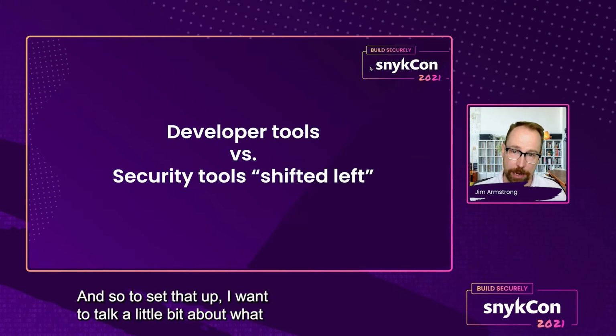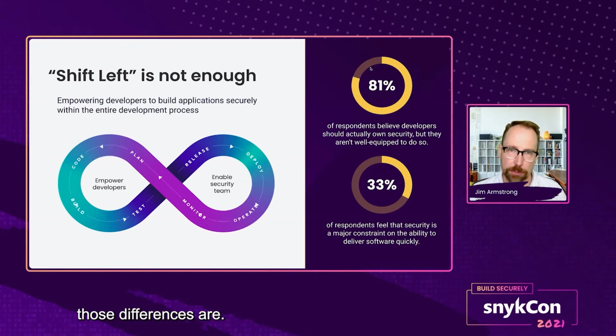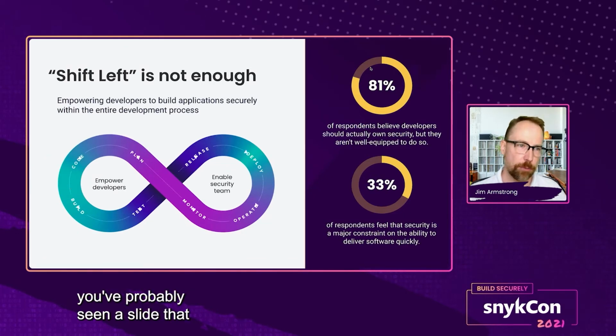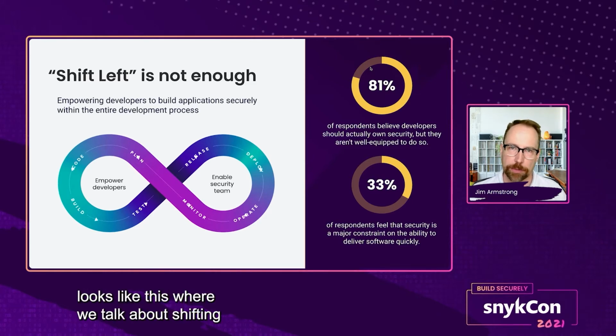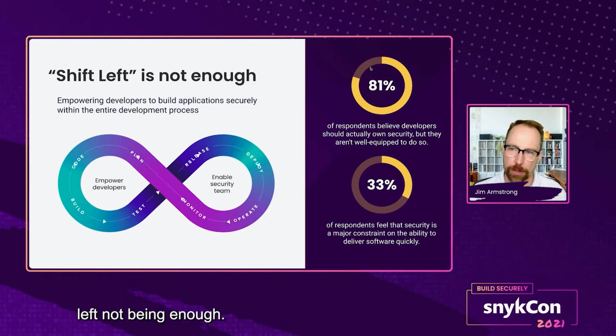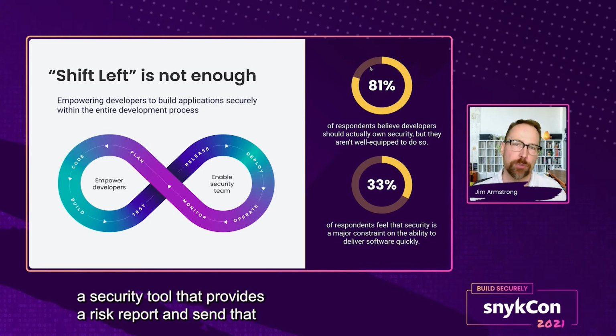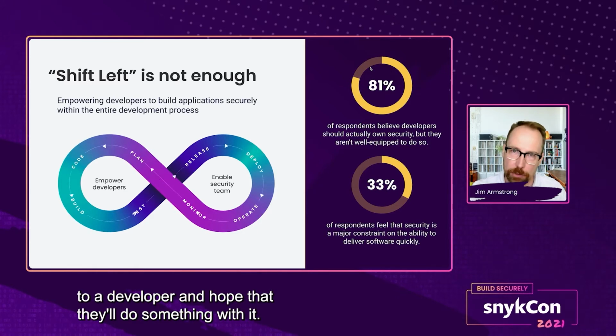And so to set that up, I want to talk a little bit about what those differences are. If you've seen many presentations from Snyk, you've probably seen a slide that looks like this where we talk about shifting left not being enough. The underpinnings of that being that you cannot just take a security tool that provides a risk report and send that to a developer and hope that they'll do something with it.